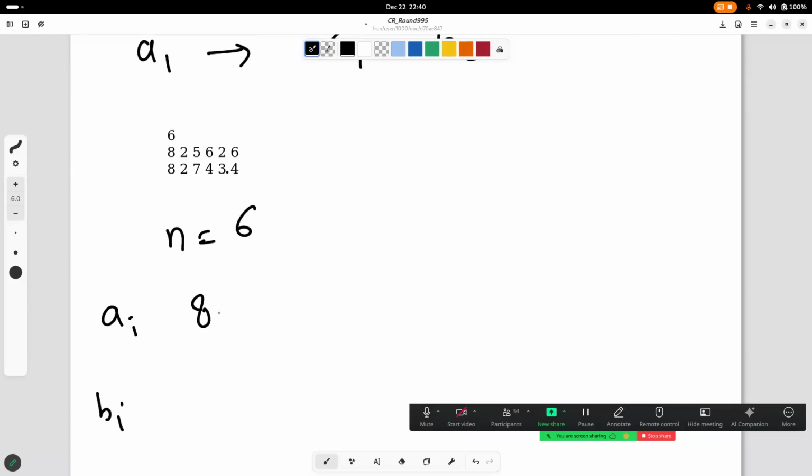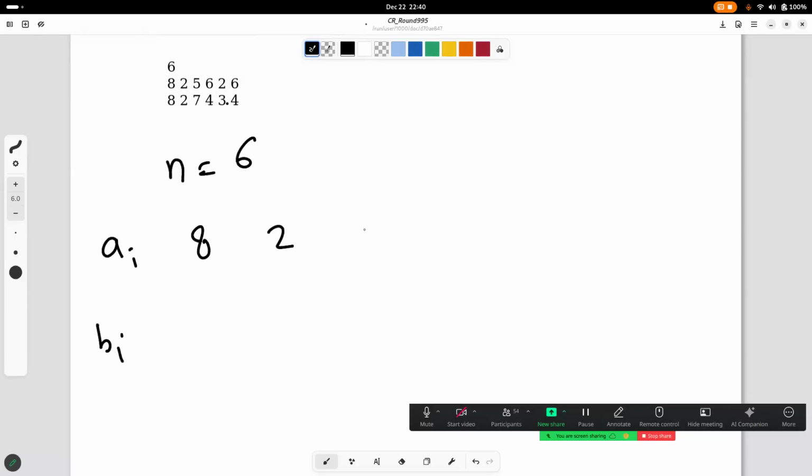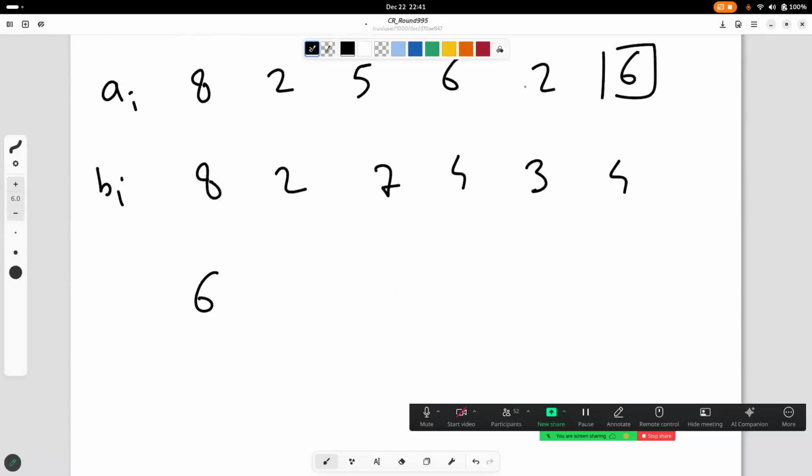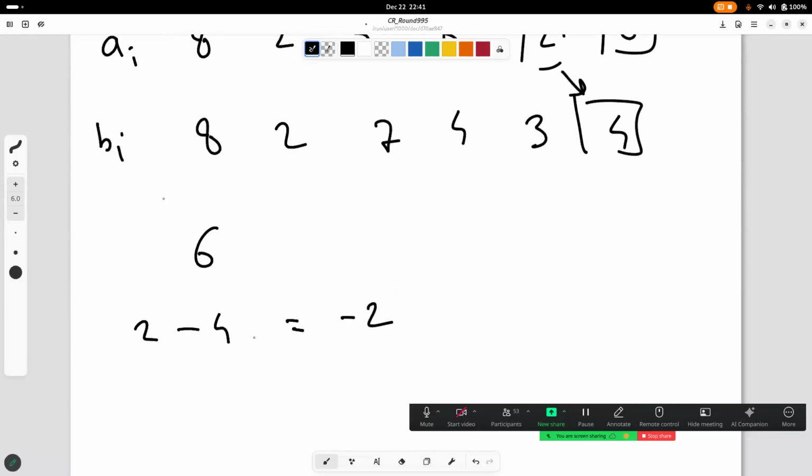A looks like 8, 2, 5, 6, 2, 6, and B is 8, 2, 7, 4, 3, 4. Now you can just solve 6 by itself. If you solve 2, you'll get a 4, so you get 2 minus 4, which is minus 2. If you solve it, this will add minus 2 to our m minus s.